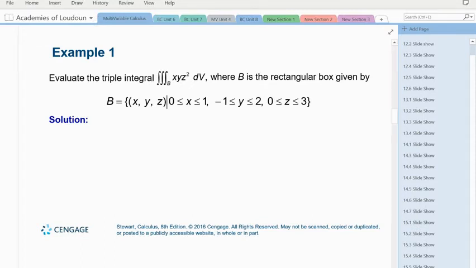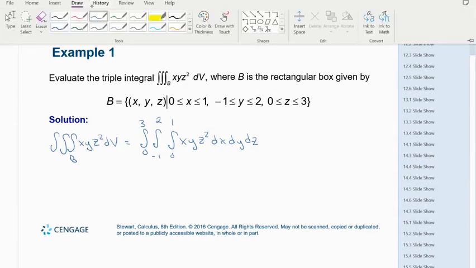If we chose to integrate with respect to x, y, and then z, we would have that the triple integral over B of x y z squared dV is equal to the integral from 0 to 3, -1 to 2, 0 to 1 of x y z squared, dx, dy, dz.